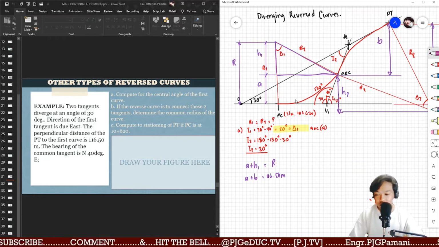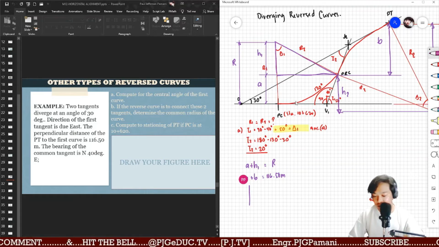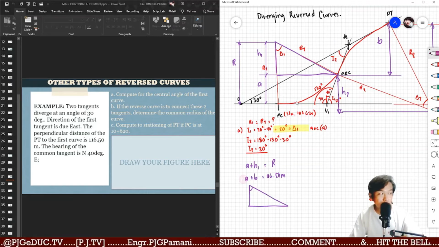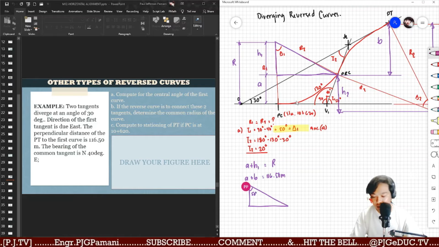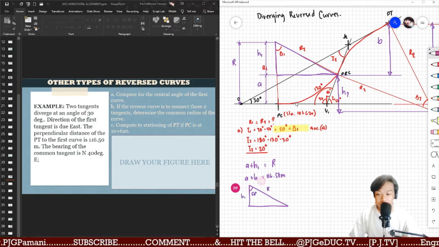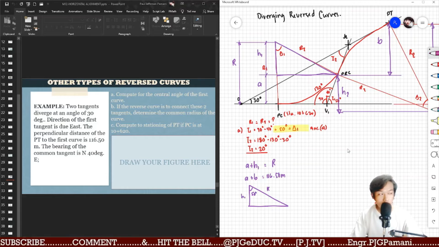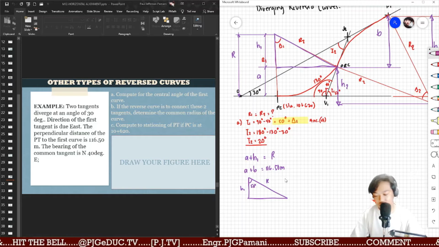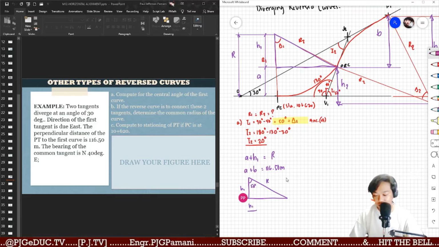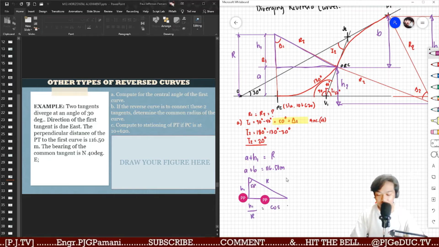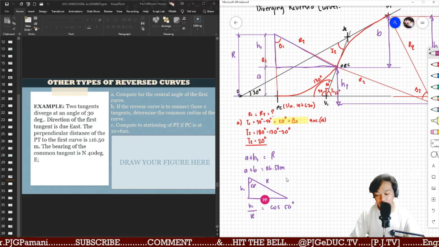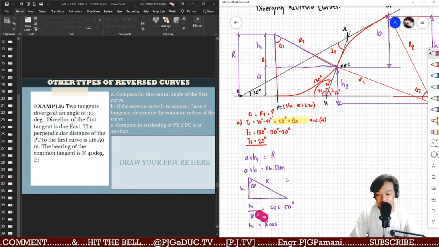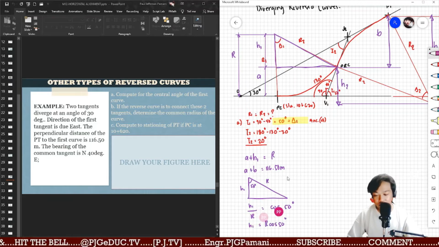Using that triangle, extract lang natin. Alam naman na natin yung I1, which is 50 degrees. R, then H1. We can derive an equation that will serve as part of our solution in solving the radius. So H1 over R is simply cosine 50 degrees, or H1 is equal to R cosine 50 degrees.